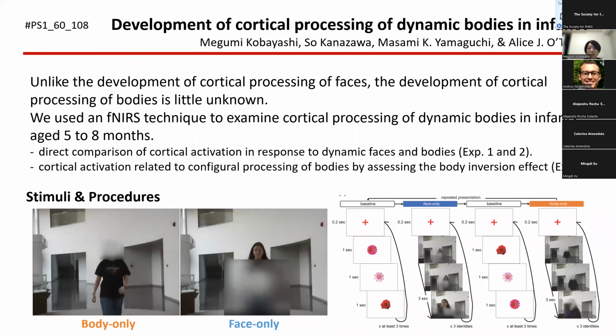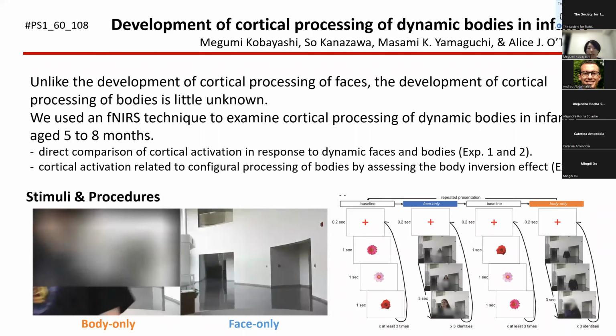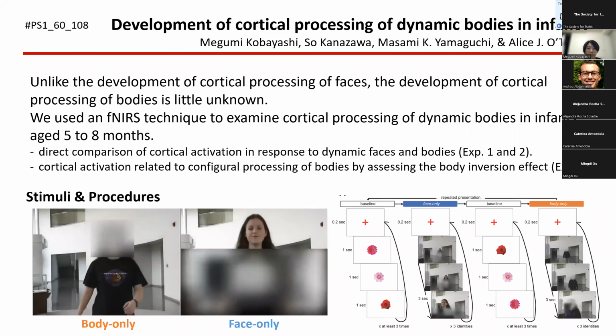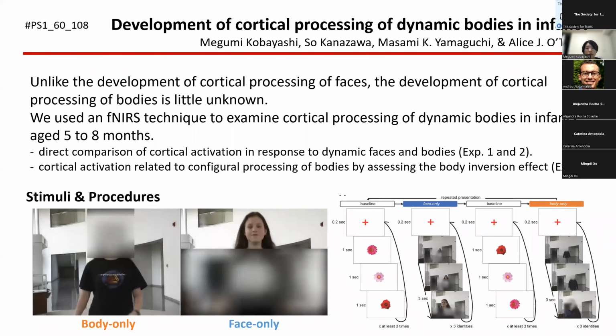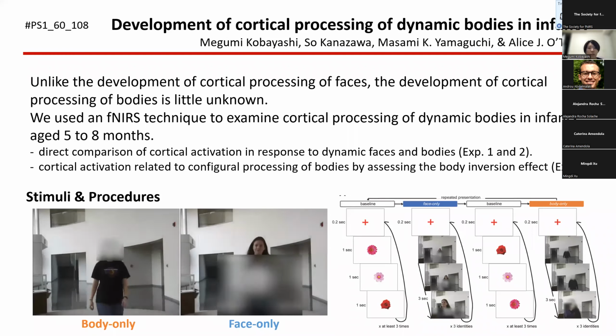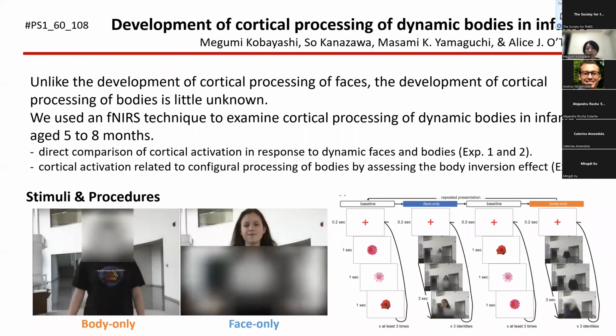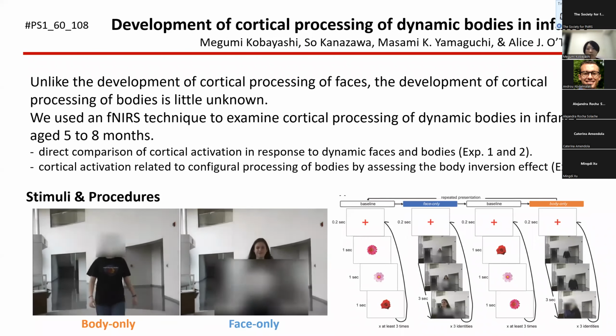We used videos of approaching people with blurred faces. And we calculated the scores of oxygenated hemoglobin concentration in each channel during the 2 test conditions against the hemoglobin responses during the last 2 seconds in the baseline.